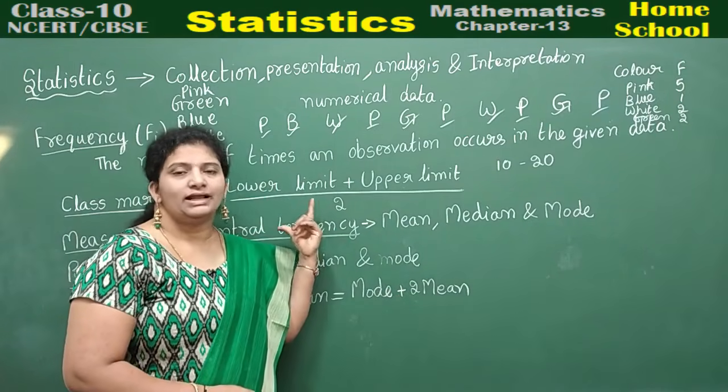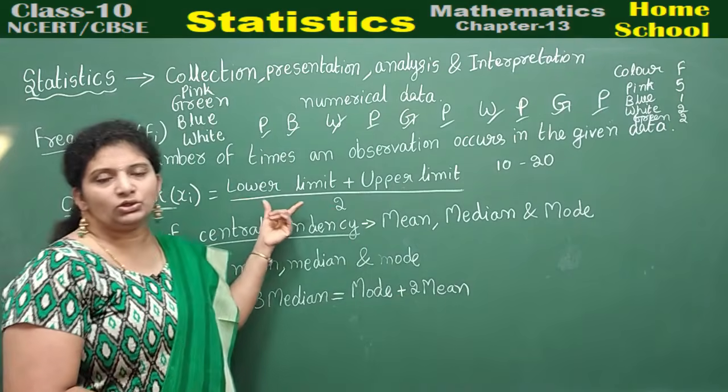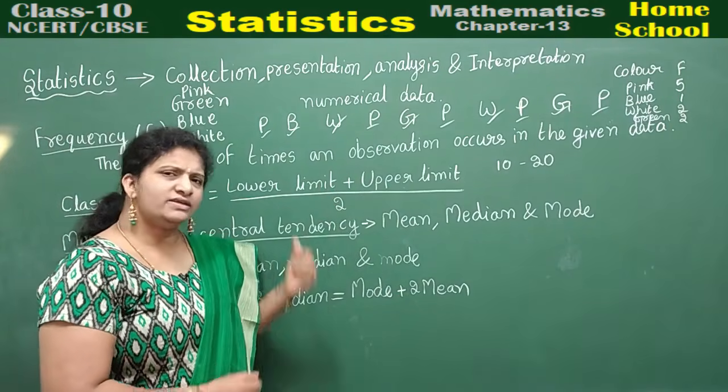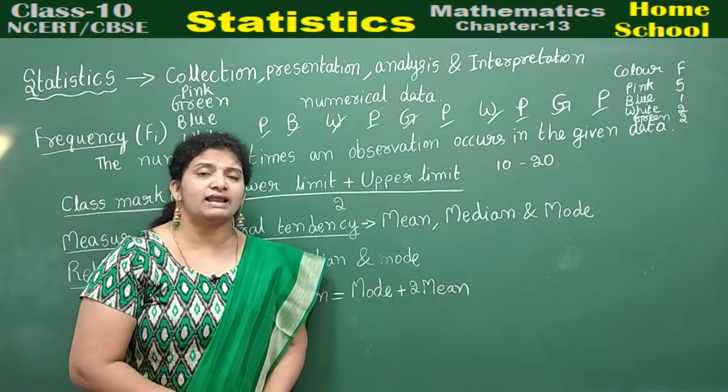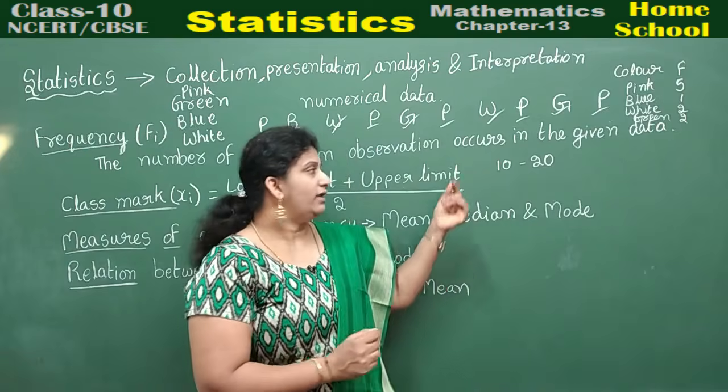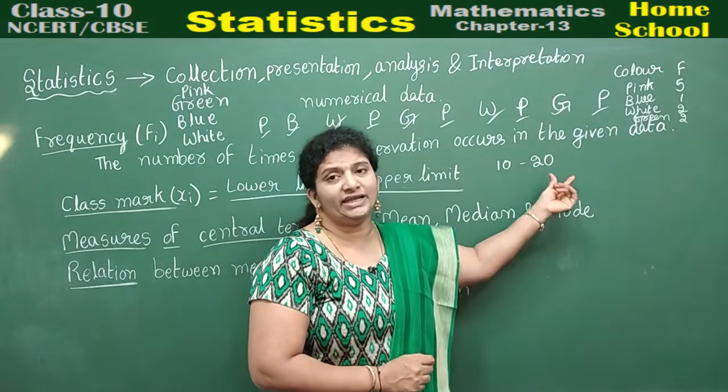Class mark. Class mark is equal to lower limit plus upper limit by 2. Where do we come across this class mark? Class interval. Suppose, let us see here 10 to 20 marks.